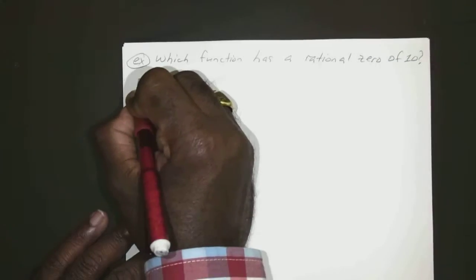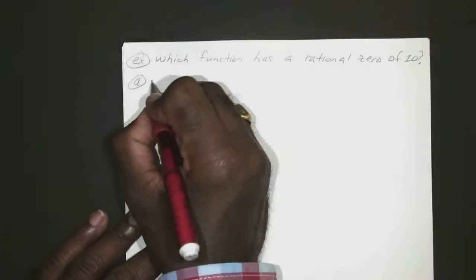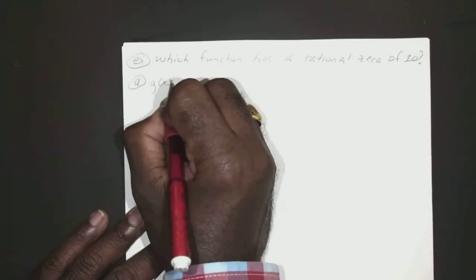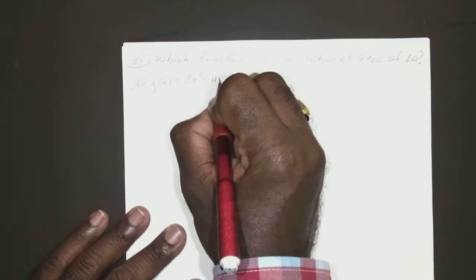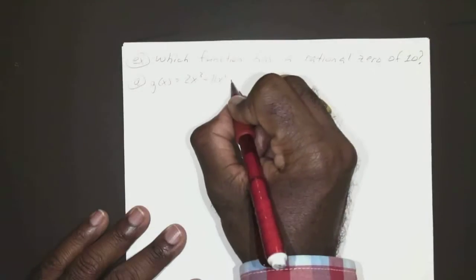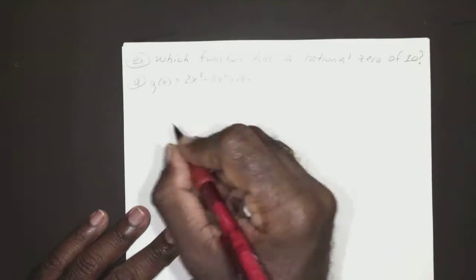Okay, so let's say for function a, you have g of x is equal to 2x to the third minus 11x squared plus 18x minus 80.